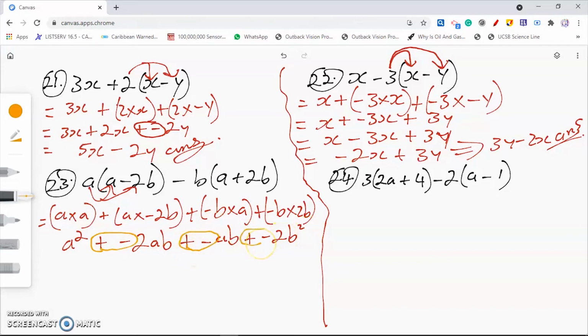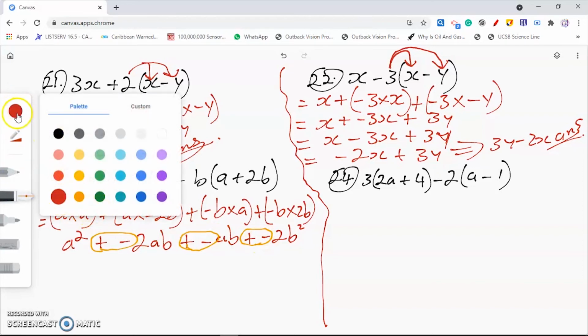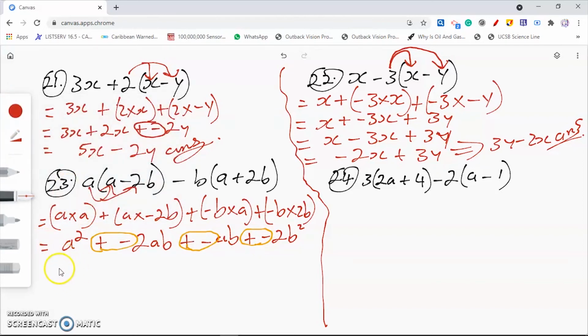So we will get a squared, minus 2ab, minus ab, minus 2b squared. And then that would be equal to a squared.